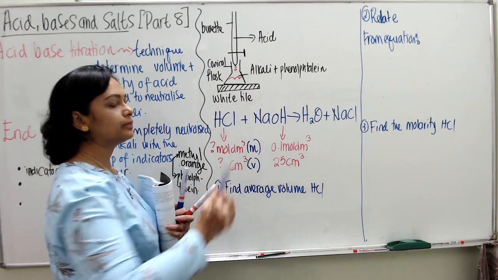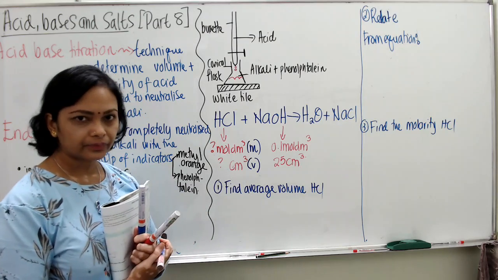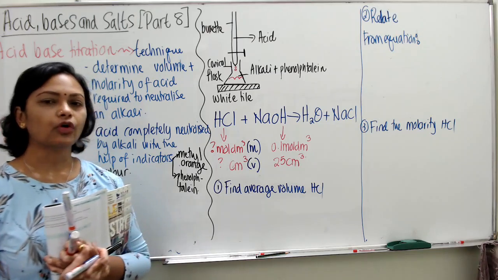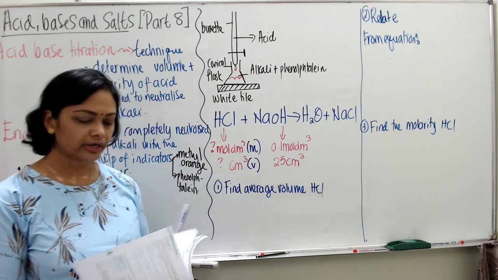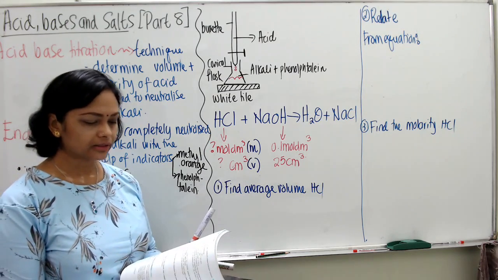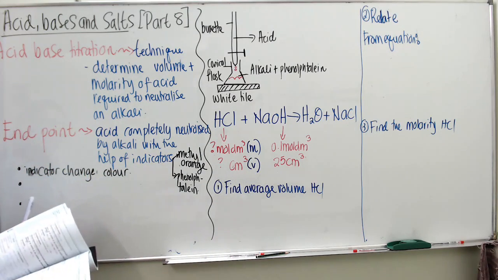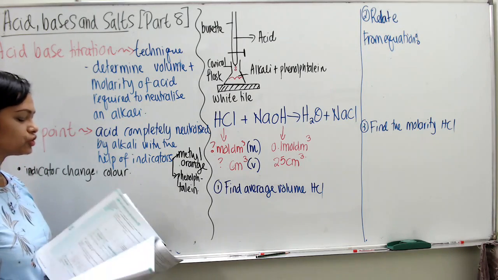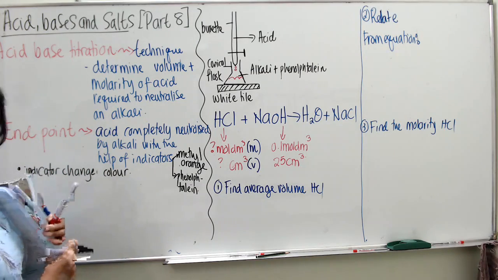If it's in alkali, methyl orange will change from orange to green, and phenolphthalein will change from pink to colorless. So that is how you determine whether the indicator has changed color, and the moment they change color, you will know whether they have reached endpoint or not.